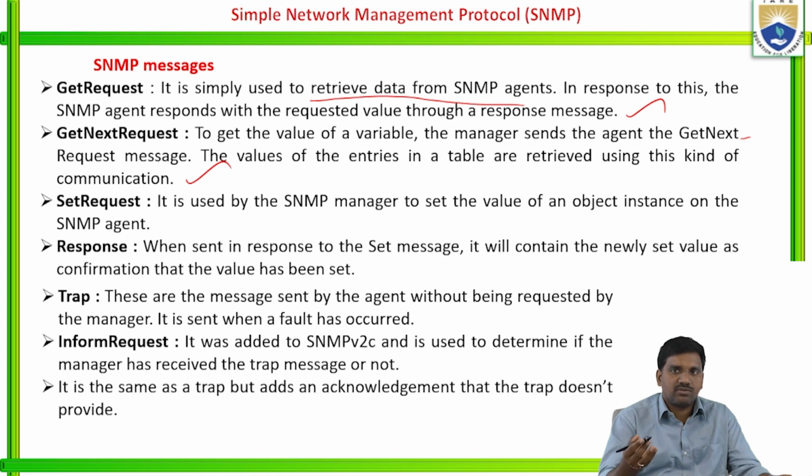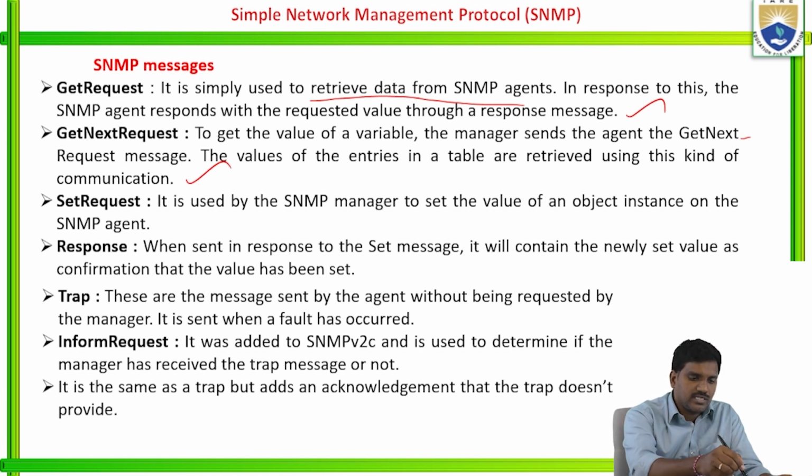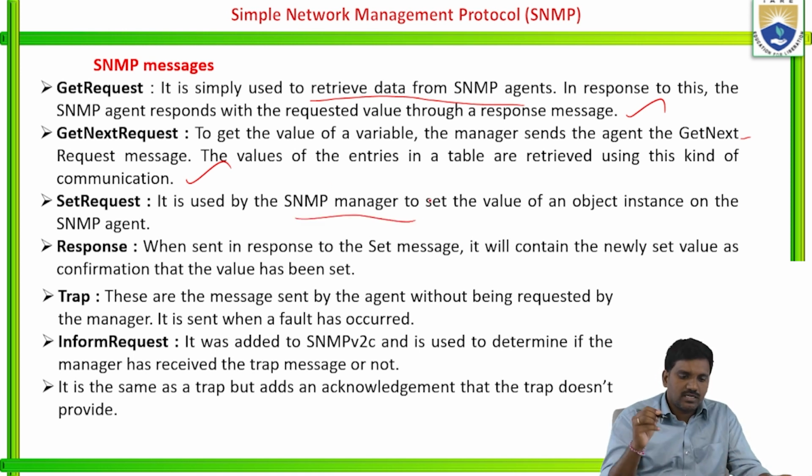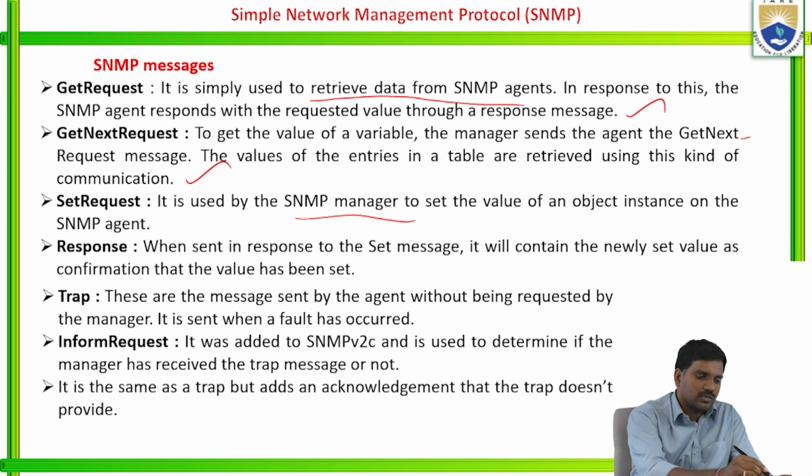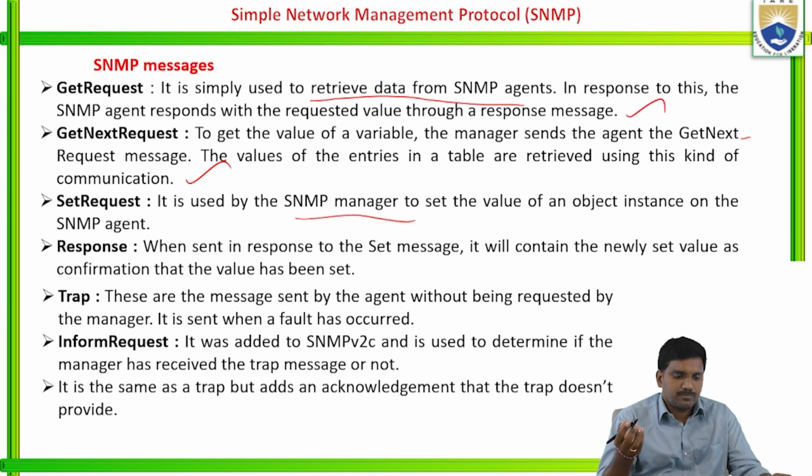The third one is set request. It is sent by the SNMP manager to set the value of an object instance on the SNMP agent. Next is response. When sent in response to a set message, it will contain the newly set value as confirmation that the value has been set. Next is trap.